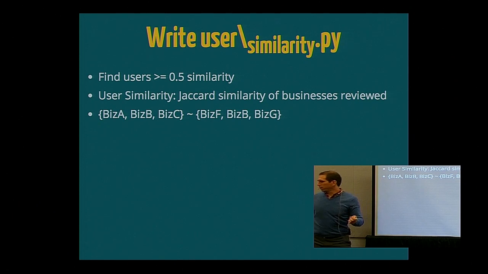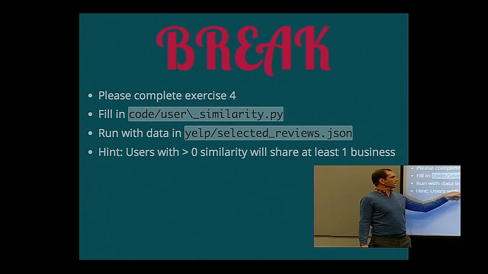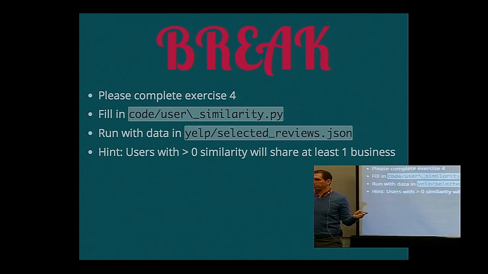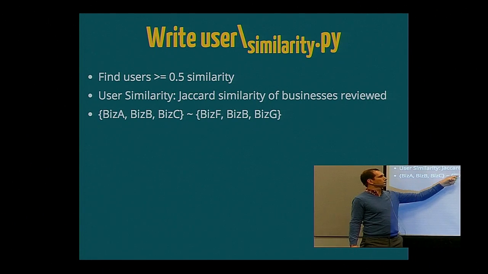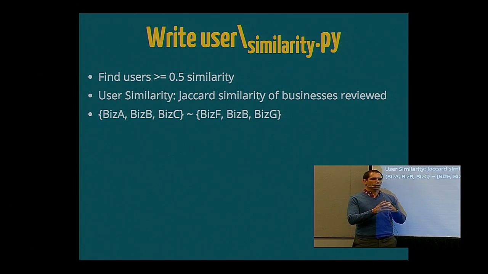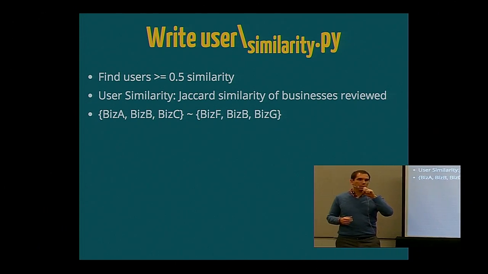And given our hint that we only need to compare users that have at least one business in common, how can we start grouping these users together so that we can start comparing them? In what way can we group users? Anyone? If they've reviewed the same business, exactly.